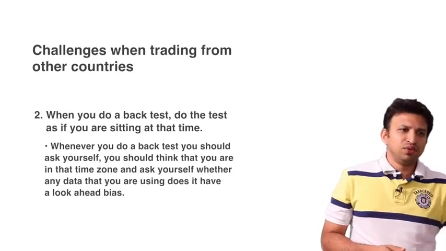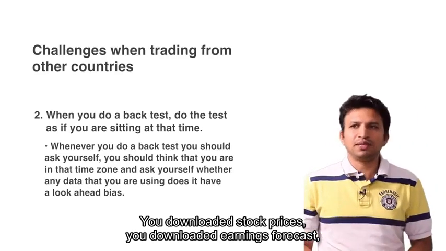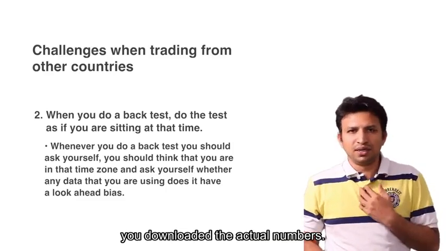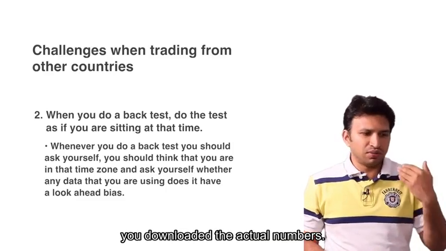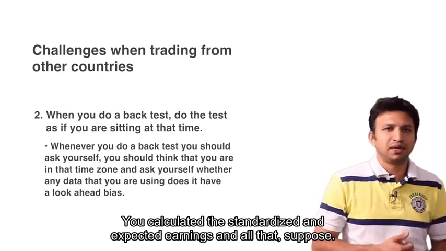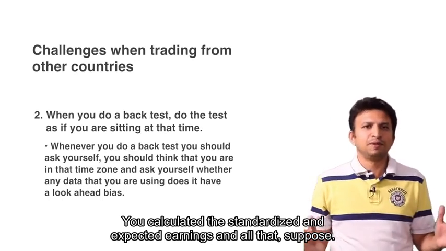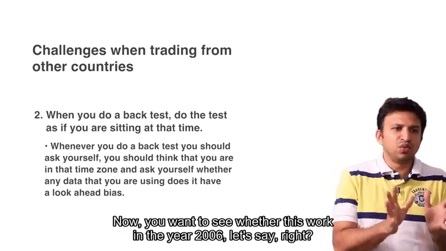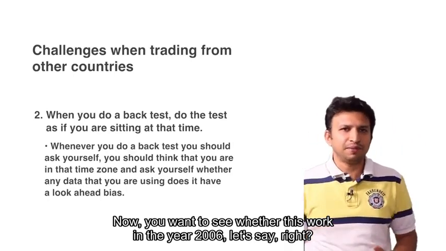You have downloaded stock prices, you have downloaded earnings forecasts, you have downloaded the actual numbers, you have calculated standardized unexpected earnings and all that, suppose. Now you want to see whether this worked in the year 2006, let's say.